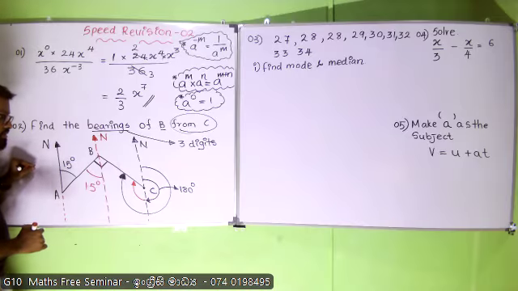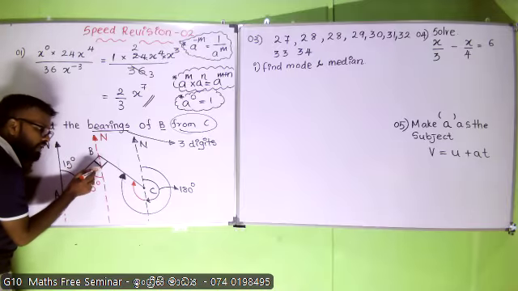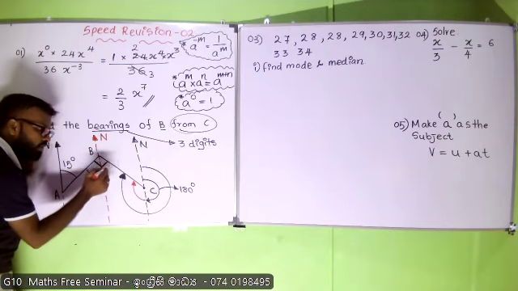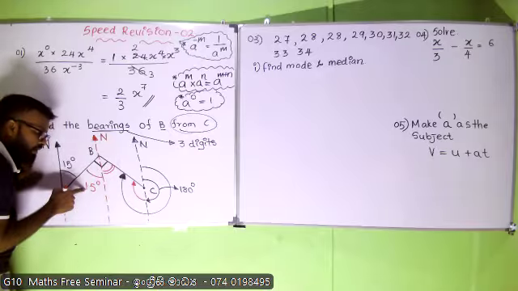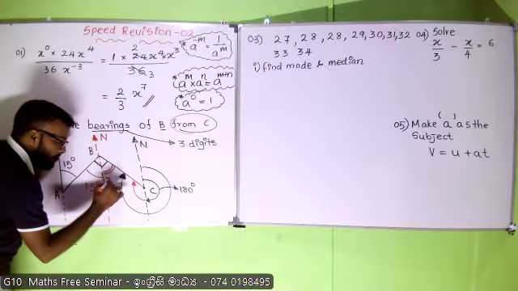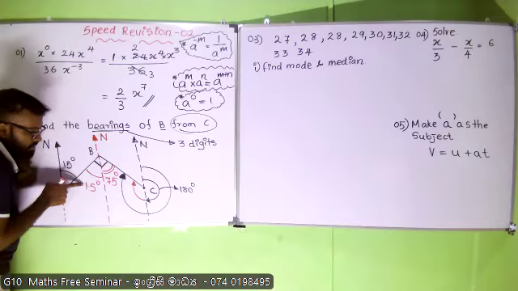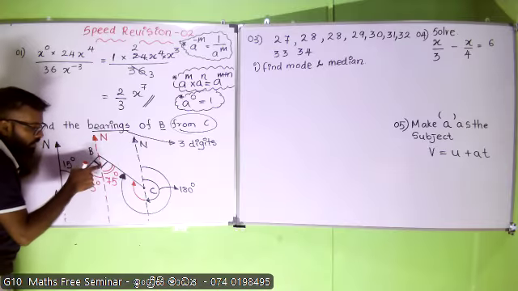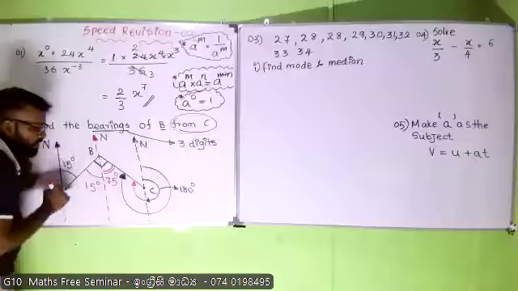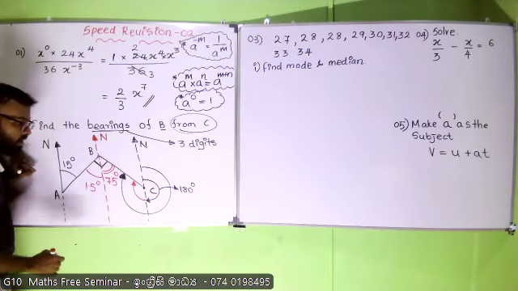They have given that this angle is 90 degrees, so 90 minus 15 gives you 75 degrees.